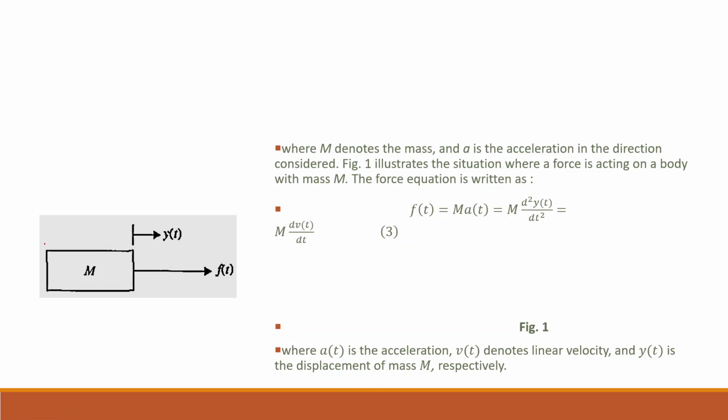So here we have a body M. It has a displacement in the right direction and a force Ft is being applied on it. So basically Ft equals m times a. Now what is acceleration? Acceleration is d2y by dt2, the double derivative of displacement, and I can write it in this form.